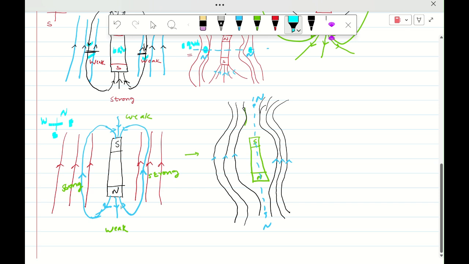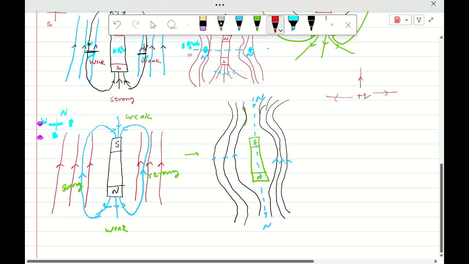If we see the field lines of the magnet, we can say the south pole acts like a negative charge and the north pole acts like a positive charge, because the field lines from a positive charge move away outwards.